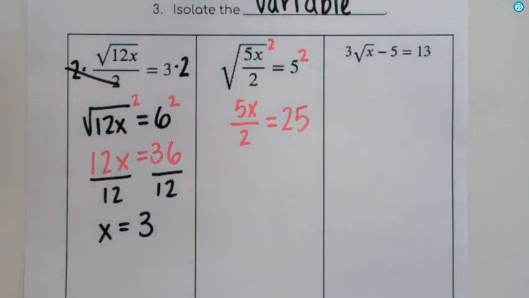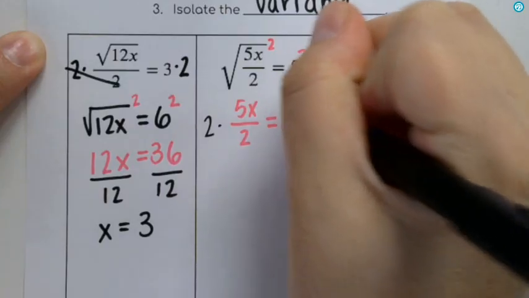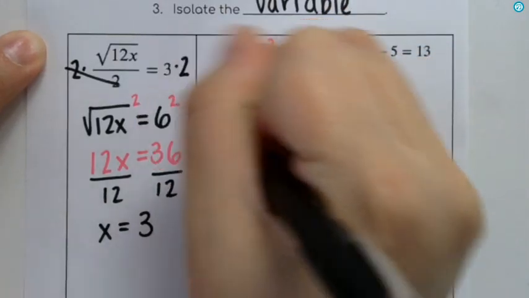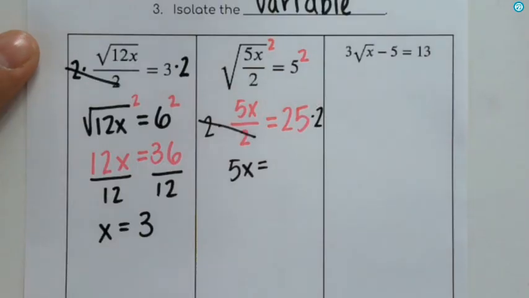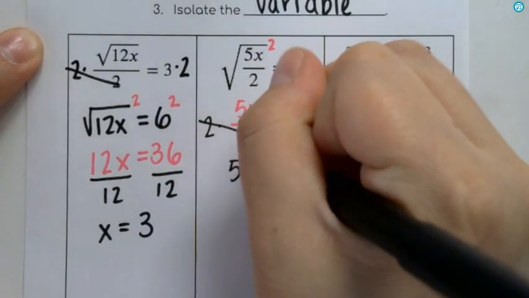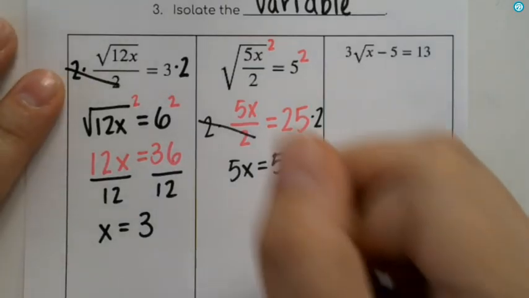And then from here, it's a normal equation. I'm going to multiply by 2 on both sides. These 2's cancel, so I've got 5x equals 25 times 2 is 50. And then I divide by 5.